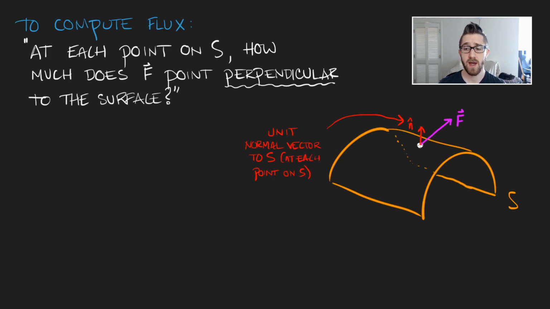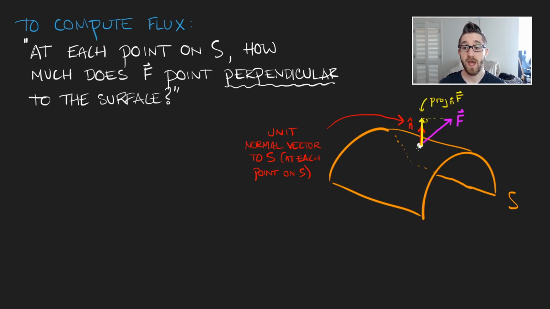So again, we're trying to compute how much f points in the direction of n. That is going to be approximately this length here, the length that you would get by taking the vector projection of f onto n and finding its length.